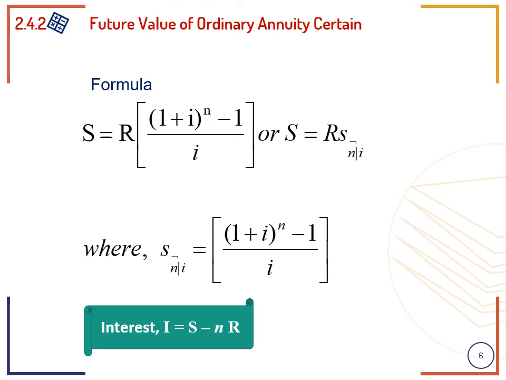The formula is S is equal to R multiplied by, in brackets, 1 plus I to the power of N minus 1, over I, or it can also be written as S equal to R multiplied by s angle N at I, where s angle N at I is the future value of annuity of 1 per payment interval for N intervals.